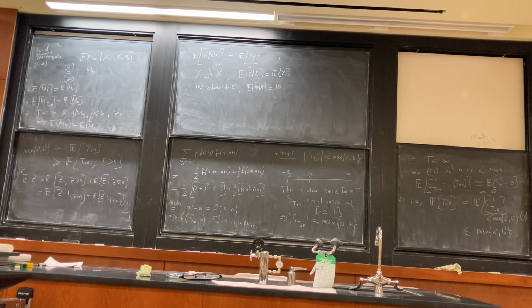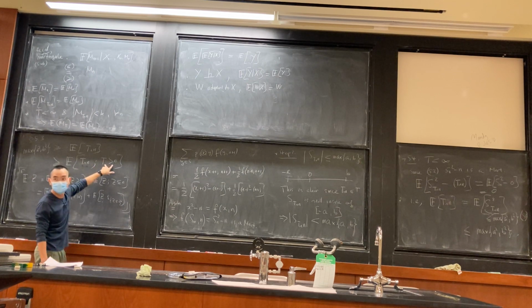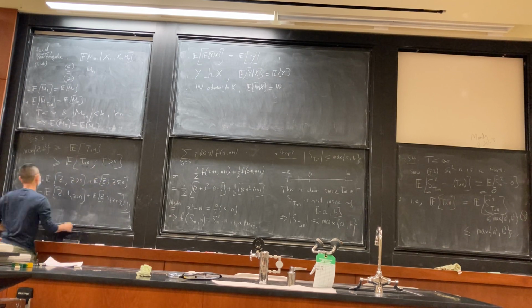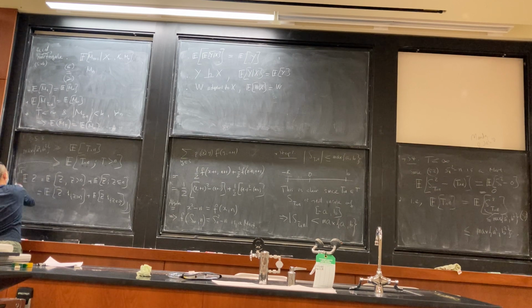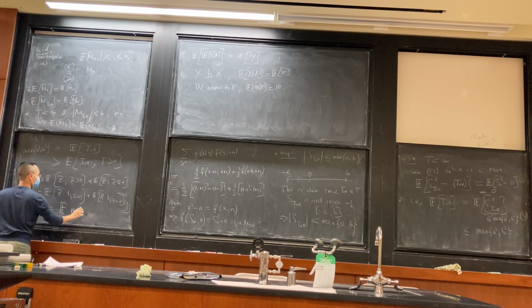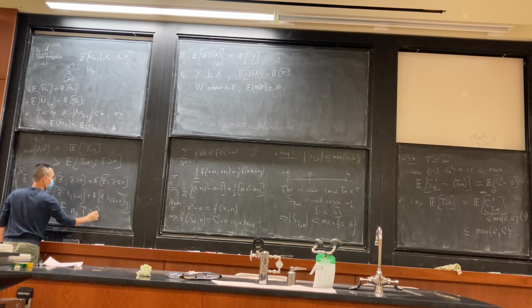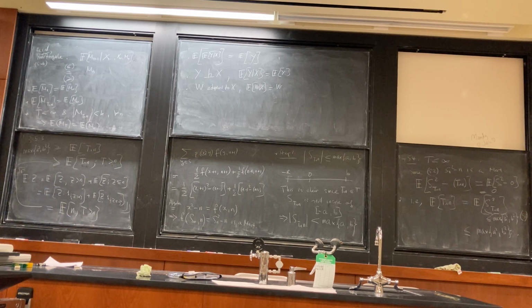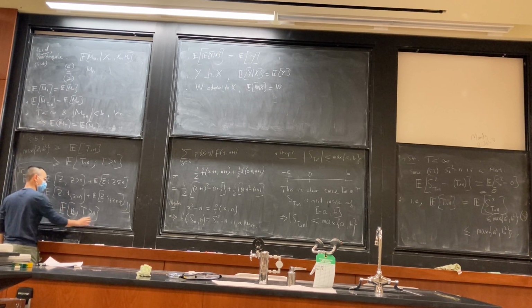And then, if I already know T is greater than n, then the minimum of them is simply n. T∧n is n because of this. So that is equal to the expected value of n times the indicator of T greater than n. But n is just a fixed number, so that will go outside.